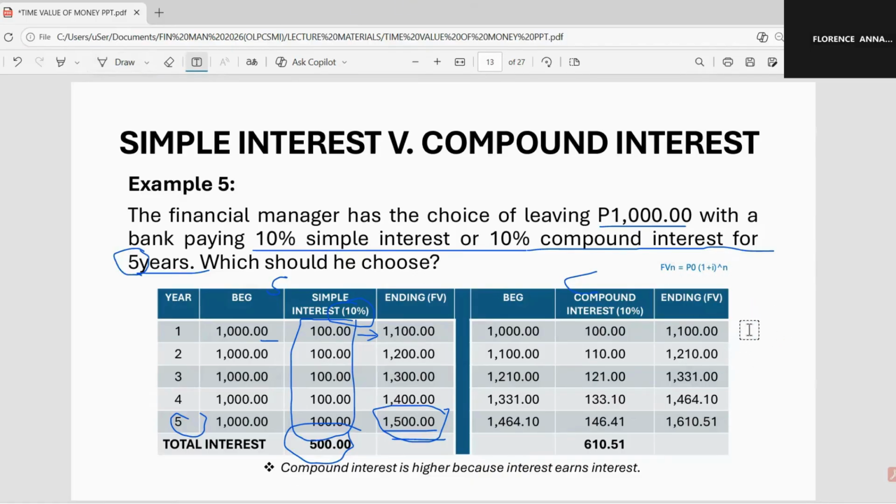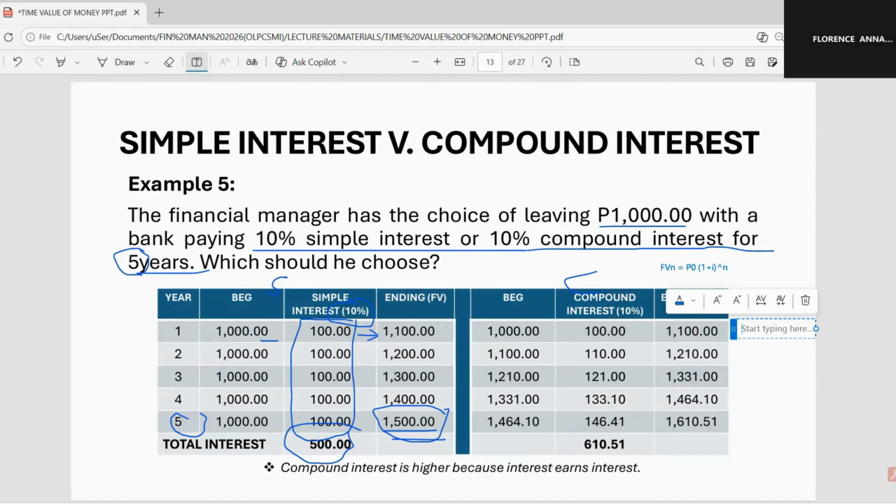So, magkano yung ating FVIF or your future value interest factor based on your 10% interest at 5 periods?